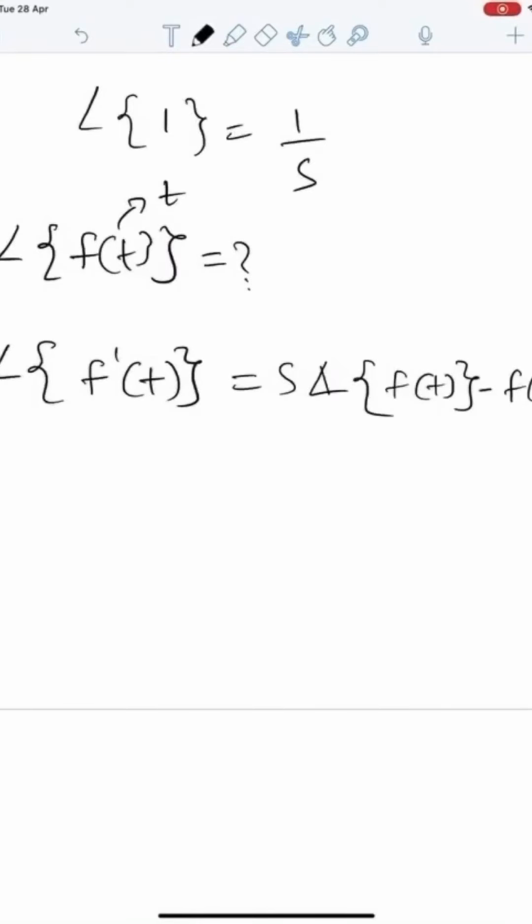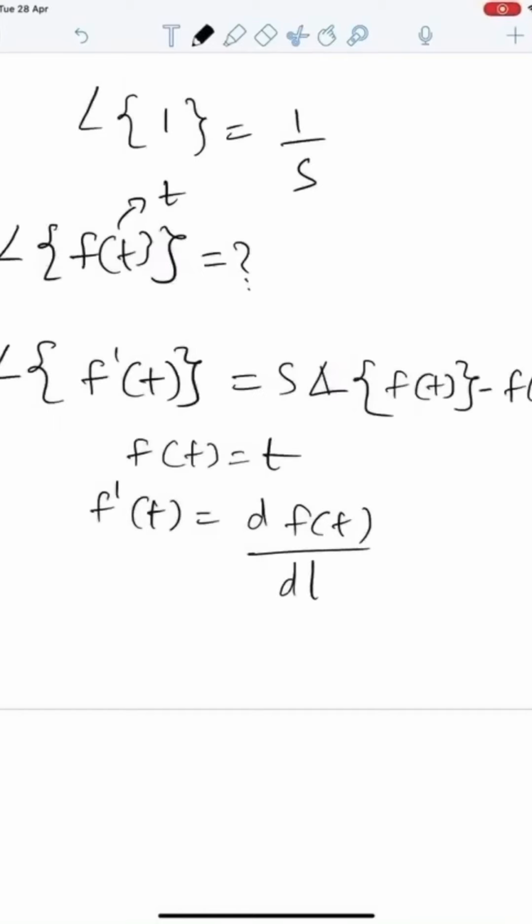Now let's consider the function to be t. Now the derivative of the function, f prime of t, would be the differential of f of t with respect to t, which is the differential of t with respect to t, which would be equal to 1.